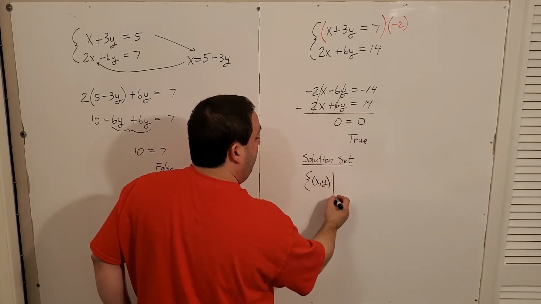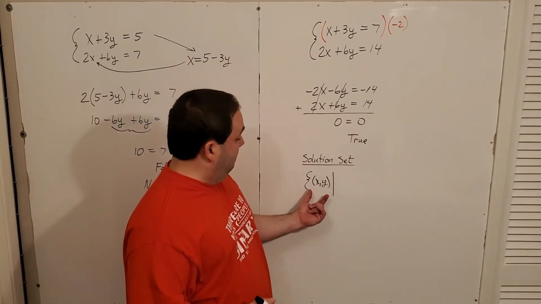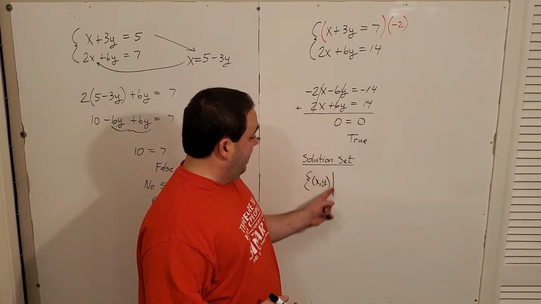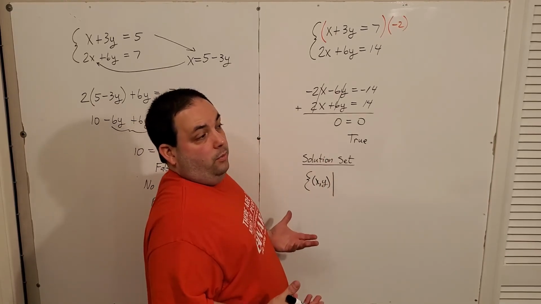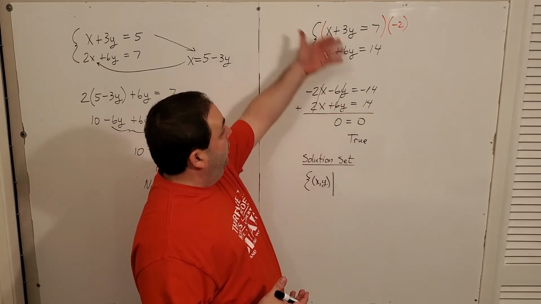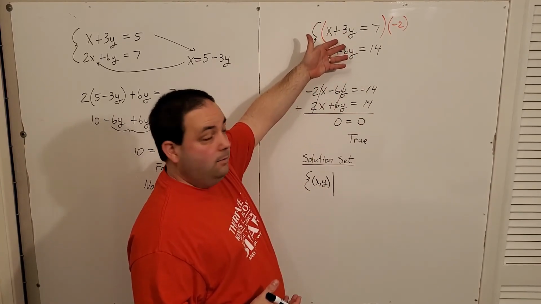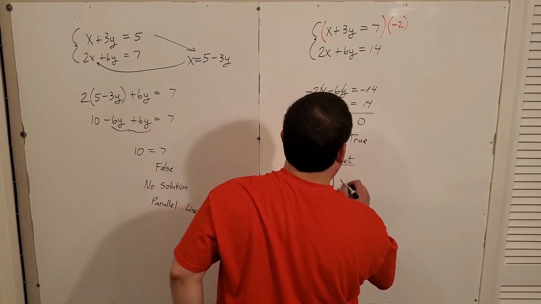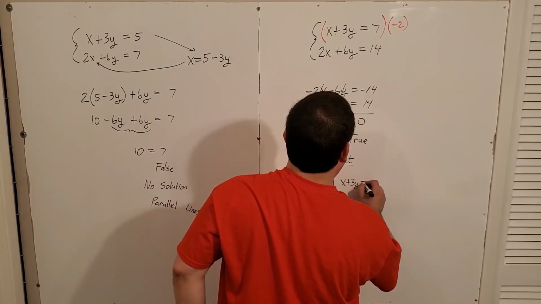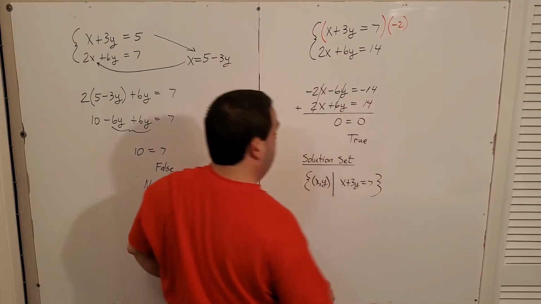And then I put the little bar for the solution is a set of points that follow these rules, right? Such that, but what is it really following? It's on one of these lines, and they're the same line. So I'll just pick the top one. Such that x plus 3y equals 7. And then I close my squiggly here.